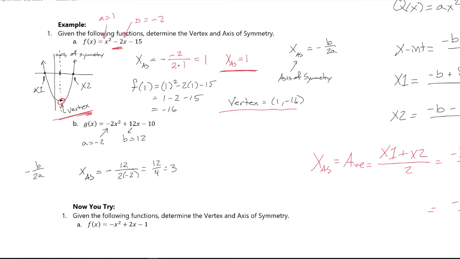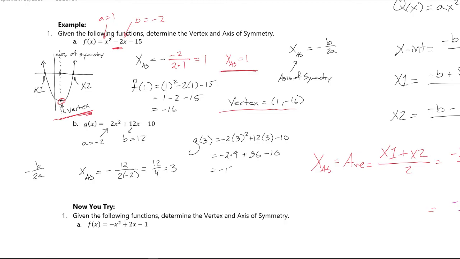We'll then take this and plug it back into the function to find the vertex. G of 3 equals -2 times 3 squared plus 12 times 3 minus 10. We'll simplify this down. We get -2 times 9 plus 12 times 3 is 36, and then bring down the minus 10.